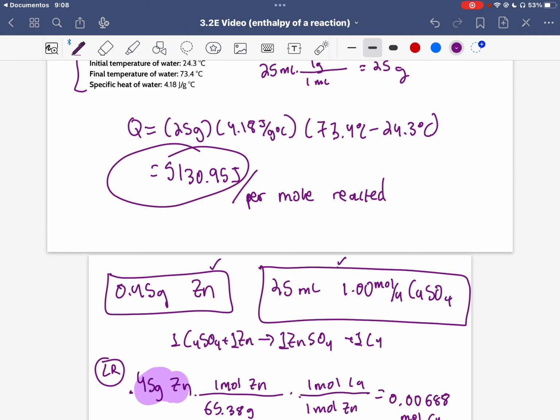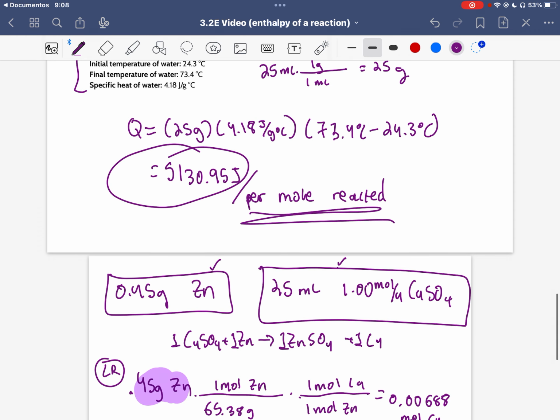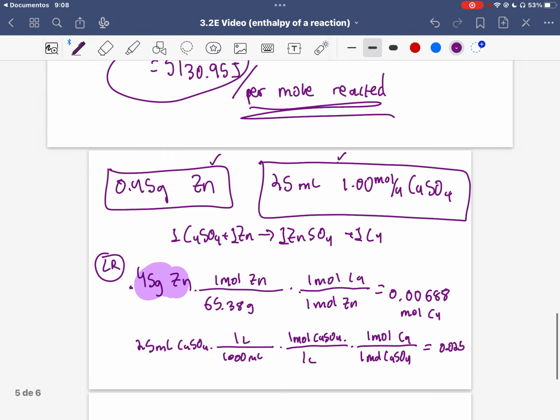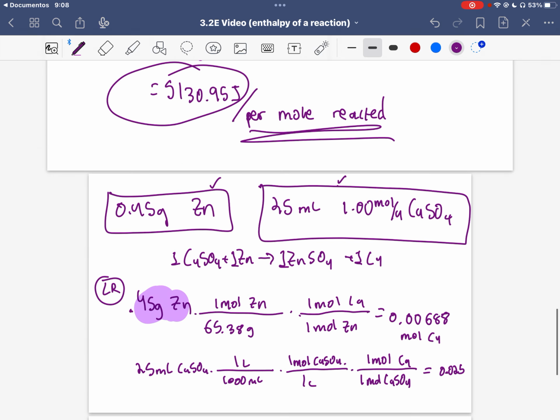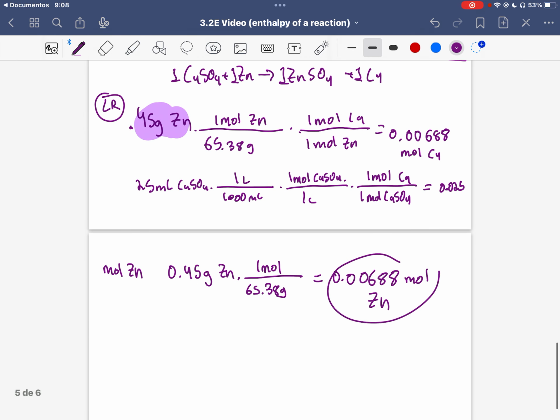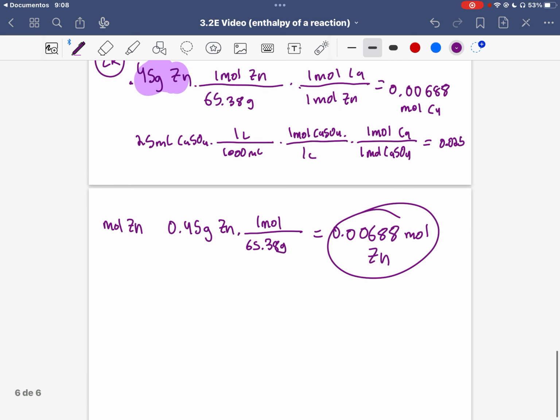So I have this amount of energy per mole of something reacted. And I know this amount of energy is released when this many moles of zinc are reacted.